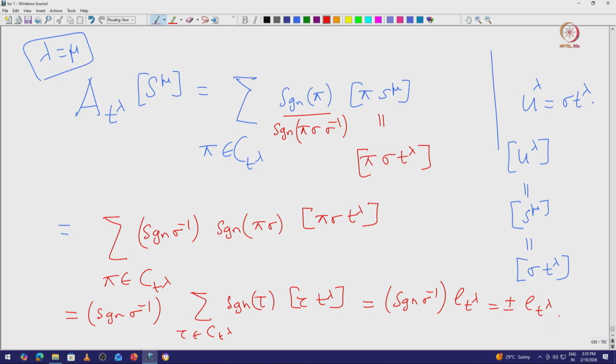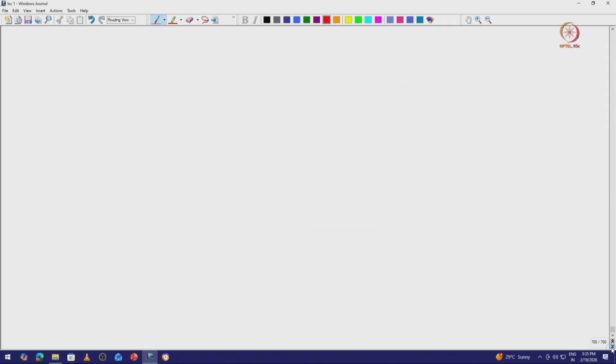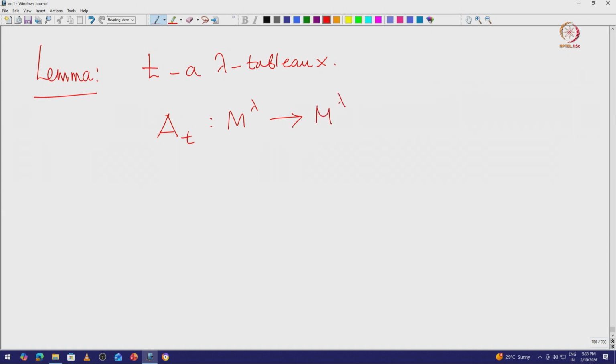Okay. So now let us make this another lemma, which is an immediate corollary of what we have observed before. So if we take T to be a lambda tableau and then look at the operator A t, which is defined from, let us say, m lambda to m lambda, and we want to look at the image of this operator.